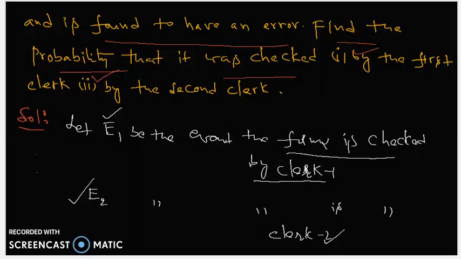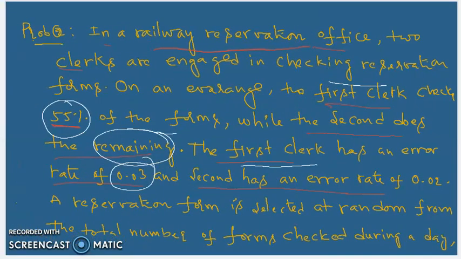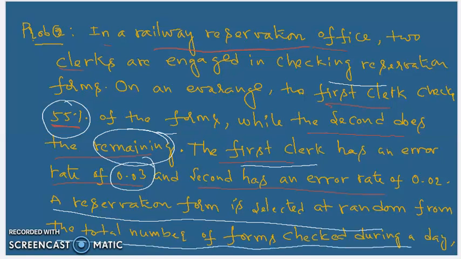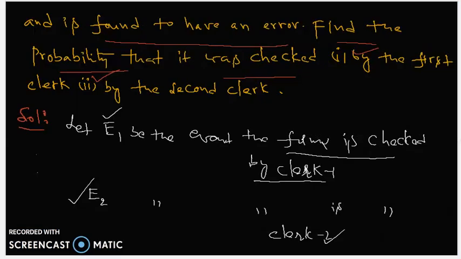Now what do we find in this problem? If we selected a form at random, look at this. A reservation form is selected at random from the total number of forms checked during a day, and is found to be an error form. So find the probability that it was checked by clerk 1 and second, the probability that it was checked by clerk 2.